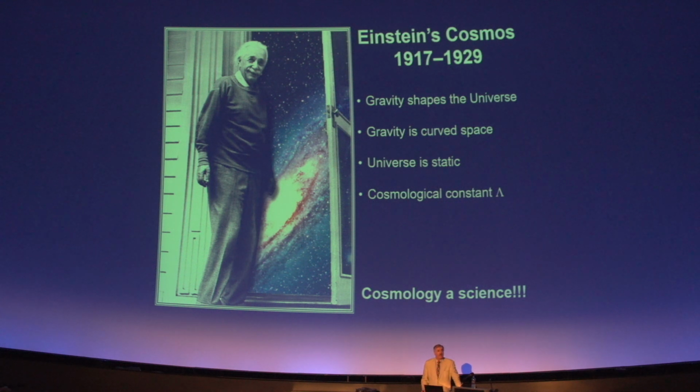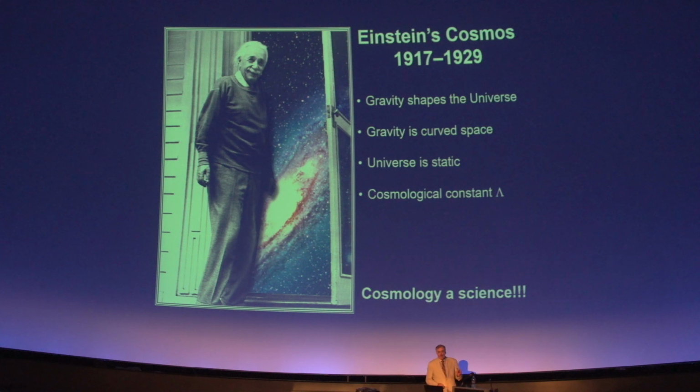If a theory or an idea cannot be falsified, according to Karl Popper, it ain't science. So now cosmology becomes a science because this cosmological view of Einstein could be shown to be wrong.